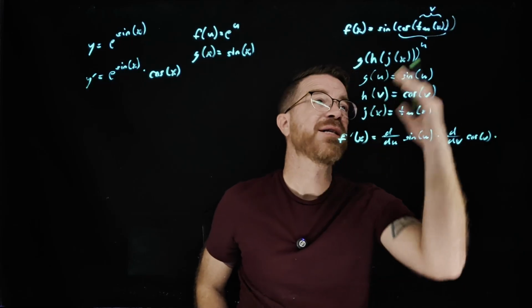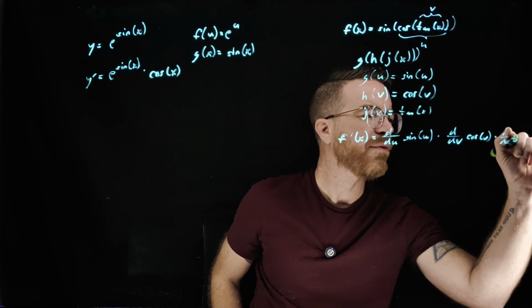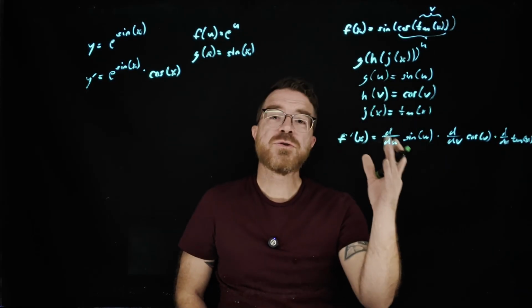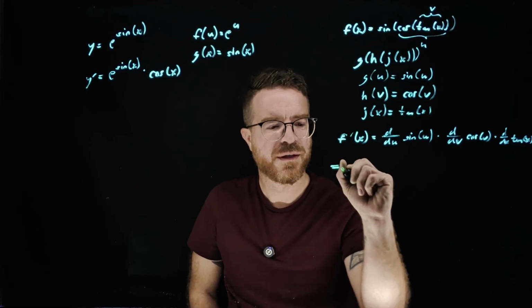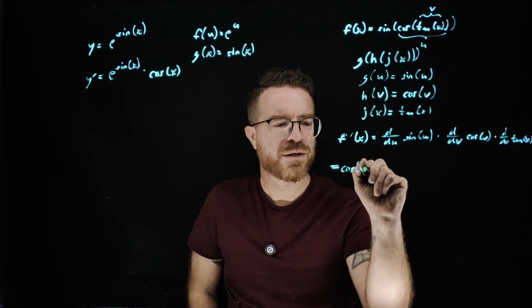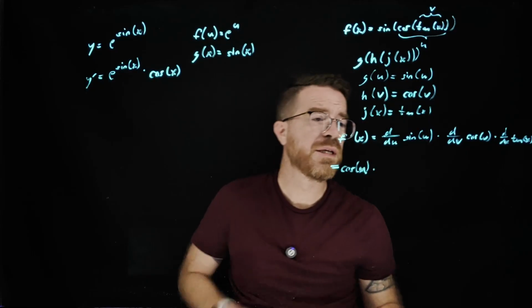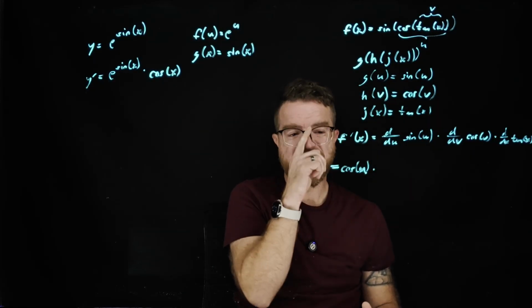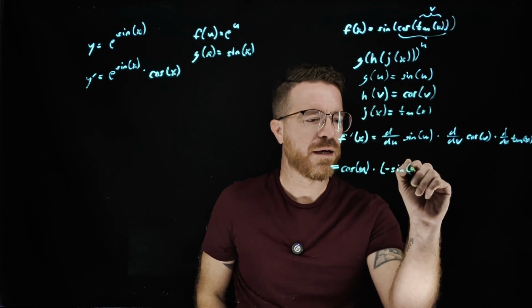And then finally, I'm going to take the derivative d/dx of tangent x. So when I take the derivative of sine, I'm going to get cosine of u times the derivative of cosine. So the derivative of cosine is going to be negative sine. So this is going to be negative sine of v times.